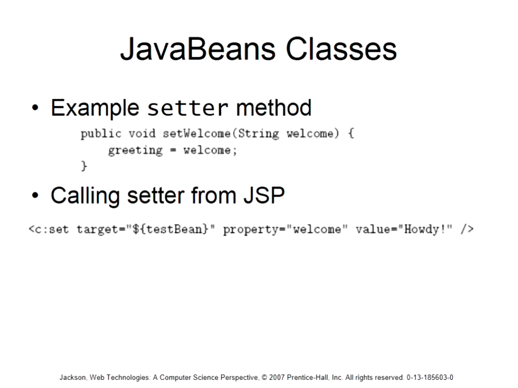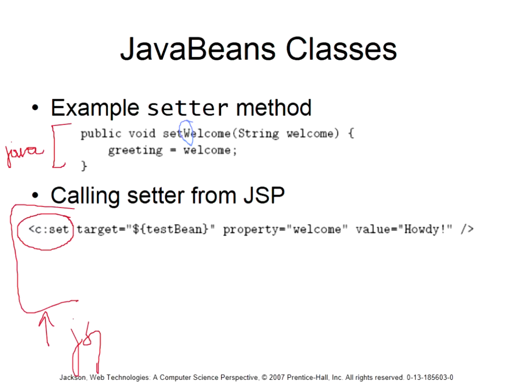Okay, so this is an example of a setter method, where I have to write public void setWelcome with a capital W, String welcome, greeting equals welcome. And to call setWelcome, I just use the c:set tag. Here is the Java class, here the JSP document.